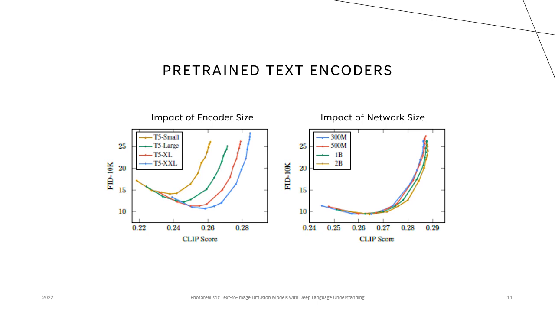However, the impact of the network size, that being the network in the diffusion model, actually did not make as much of a difference as just increasing the size of that pre-trained encoder. And again, it's important to note here that this pre-trained encoder was added and then frozen, so that they didn't go back through and tune any of the models. There was no additional adjustments to it. It was just an off-the-shelf component, just quote-unquote stuck in the front, and gone from there.